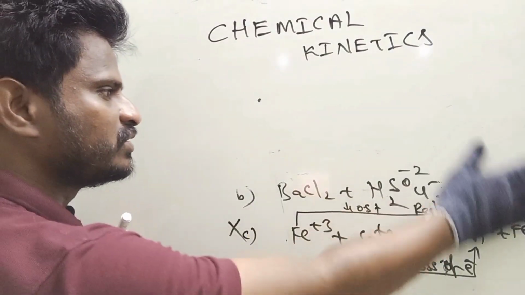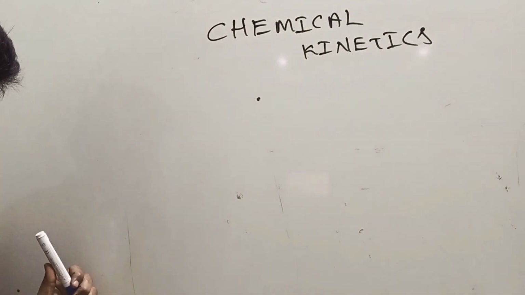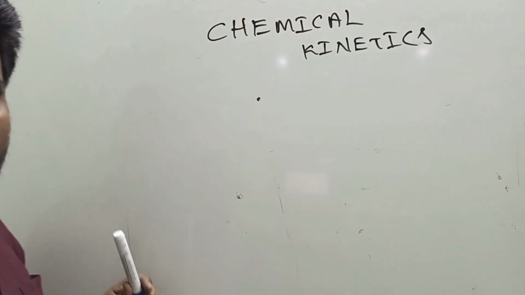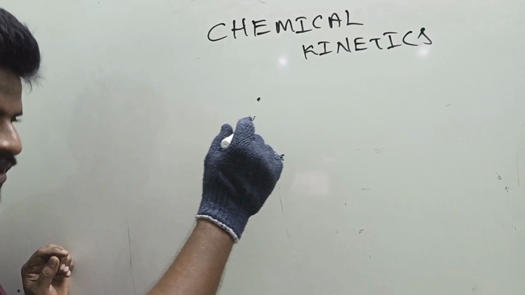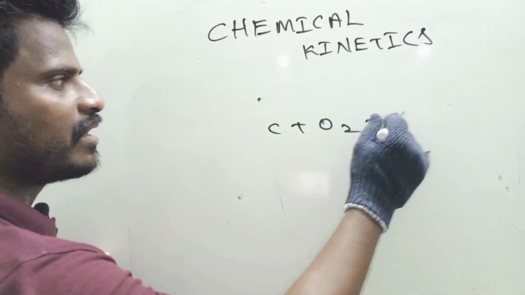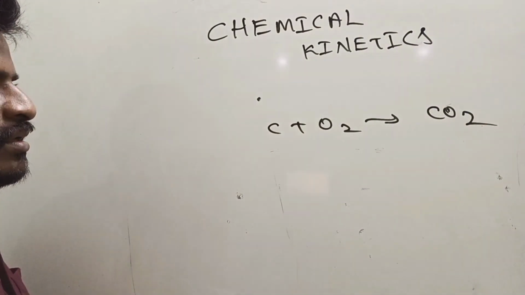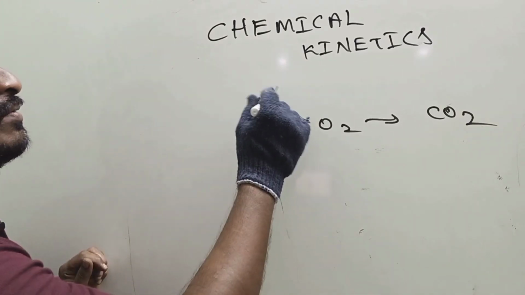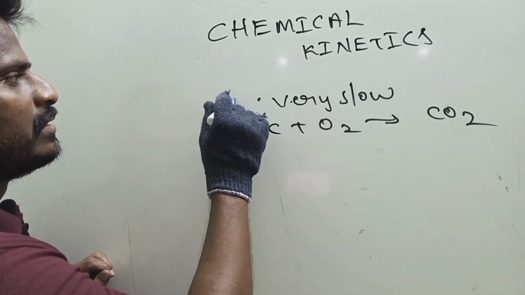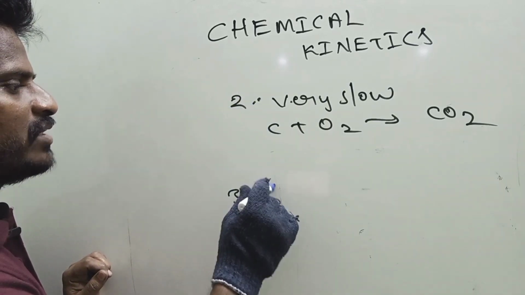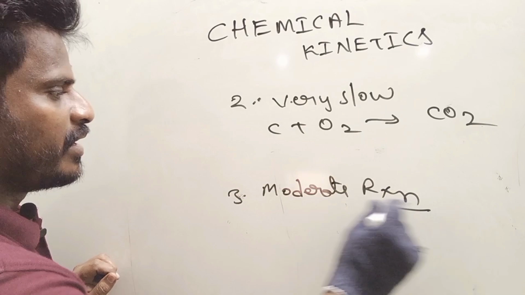And the next one, very slow reactions. For the completion of these reactions, a very long time period is required. For example, carbon reacting with oxygen producing carbon dioxide is a very slow reaction. And the third one is moderate reactions.